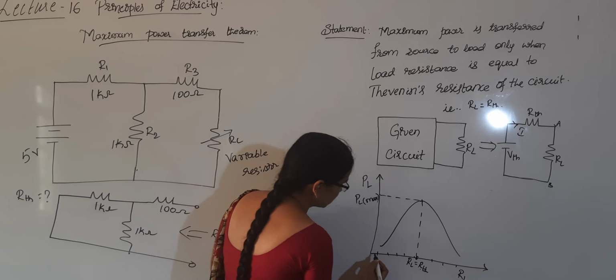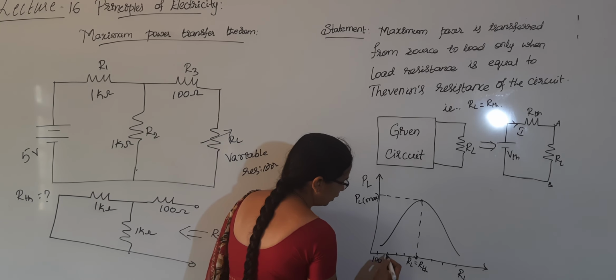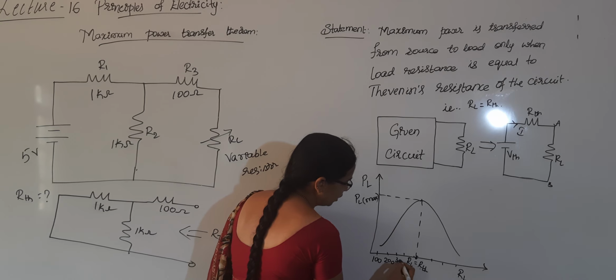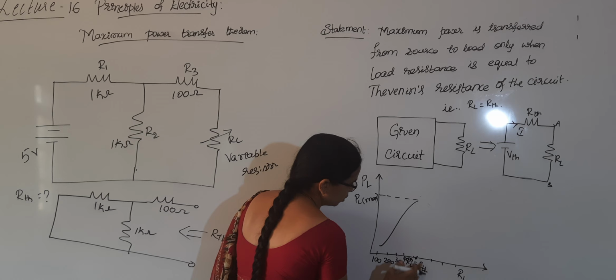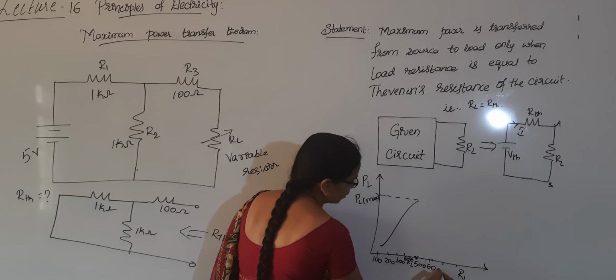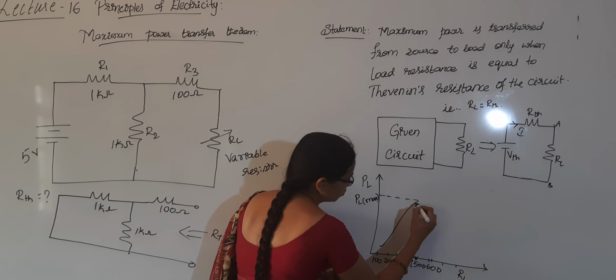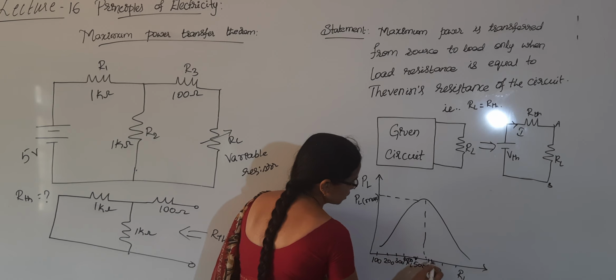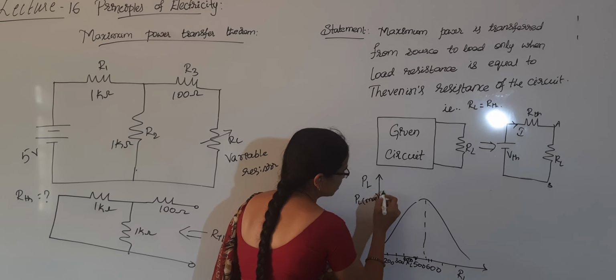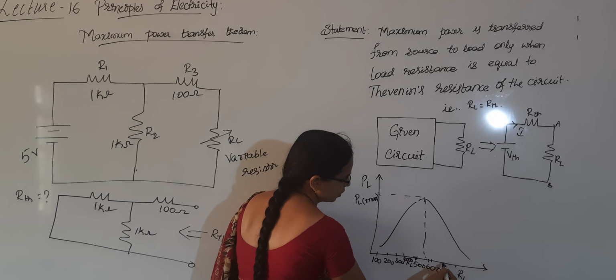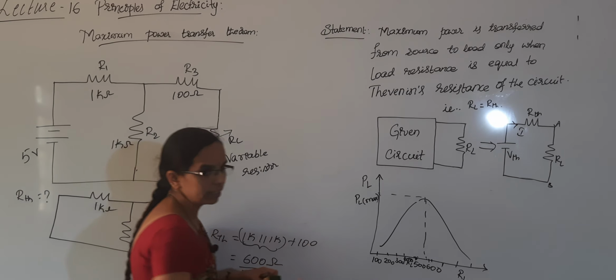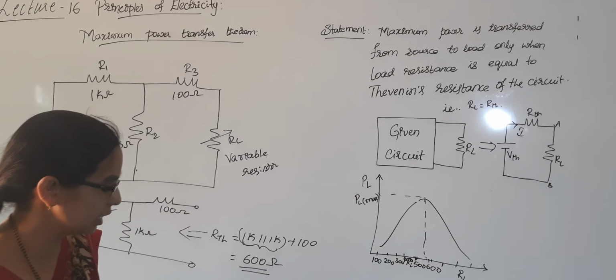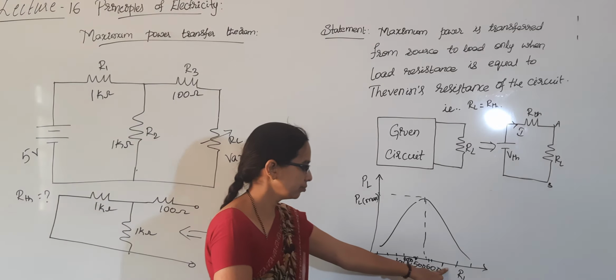So if I draw a graph for that, if I increase RL 100, 200, 300, 400, 500, 600, at 600 ohm PL will reach its maximum value. If you increase it further, what happens?